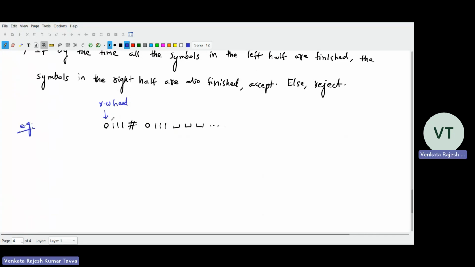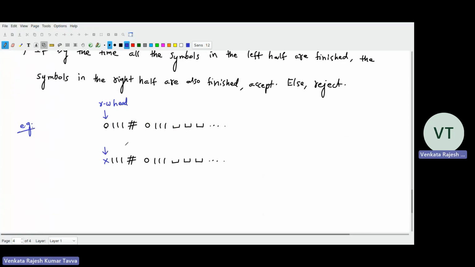Okay, so now what I do, I am reading this. I remember this 0, and I will replace this 0 with a different symbol just to indicate to me that I have seen this 0. I have seen this symbol. Okay, so I will cross it. I will replace it with a cross. All right.